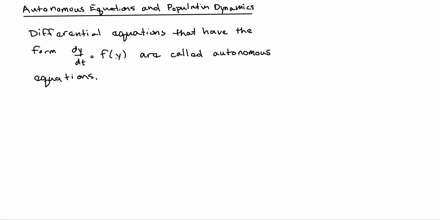The fact that the independent variable t is not included in the function makes it so that when you graph the differential equation, the graph looks the same as you go horizontally across. I will show you that in just a moment.